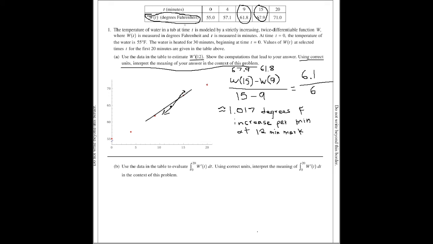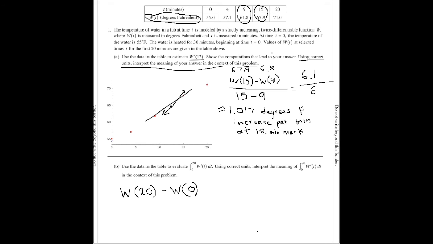So the definite integral from 0 to 20 of the first derivative of our function is just going to be our original function evaluated at 20 minus our original function evaluated at 0.